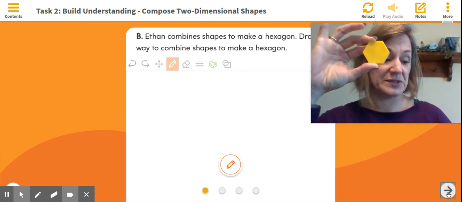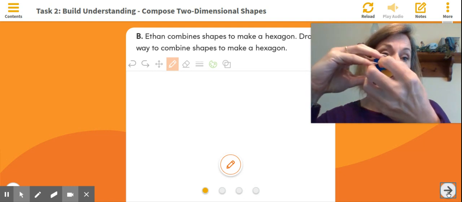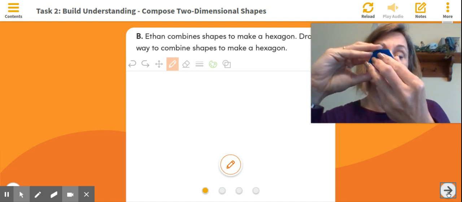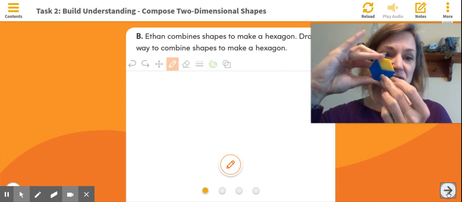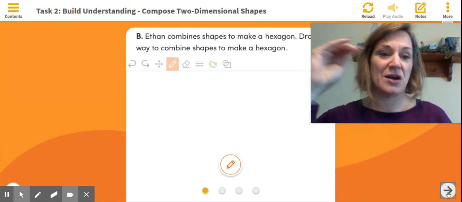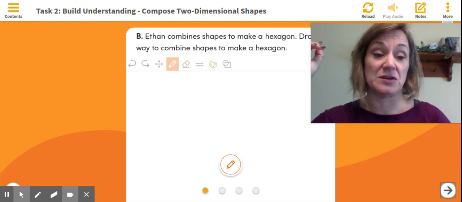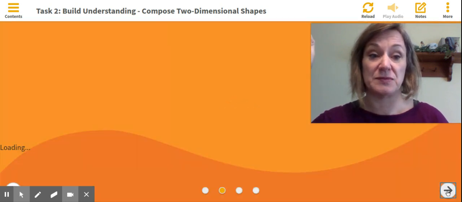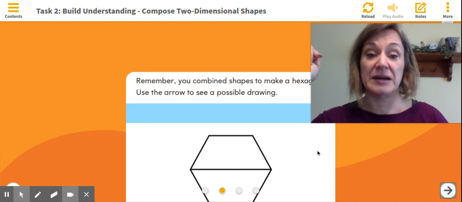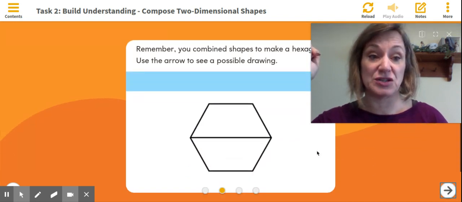You could use 3 of the rhombuses. I don't have enough hands to hold these up, but picture there's another rhombus in there. Or you could use the triangles. So there are lots of different ways for Ethan to make the hexagon. I would recommend, boys and girls, that you trace the shapes that I gave you.